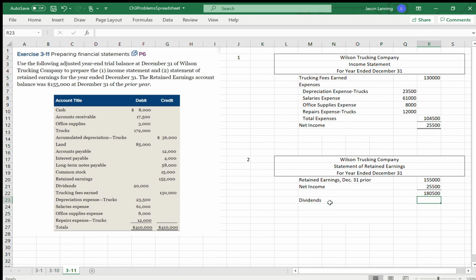We're going to deduct dividends. And dividends were $20,000. So we'll put this in parentheses. Actually, that'll change it to a negative, but we really should have this listed in parentheses. We don't need any decimal places, but we do want a negative number in parentheses here. Okay. So then this is our ending retained earnings.